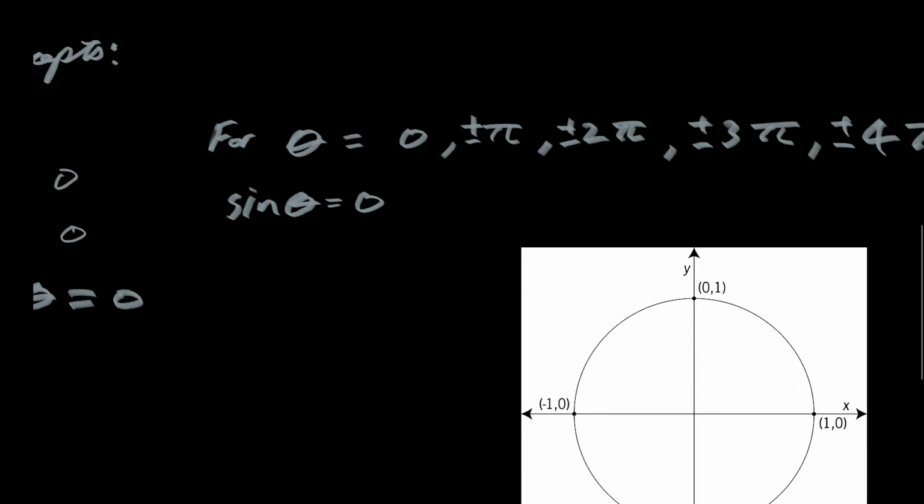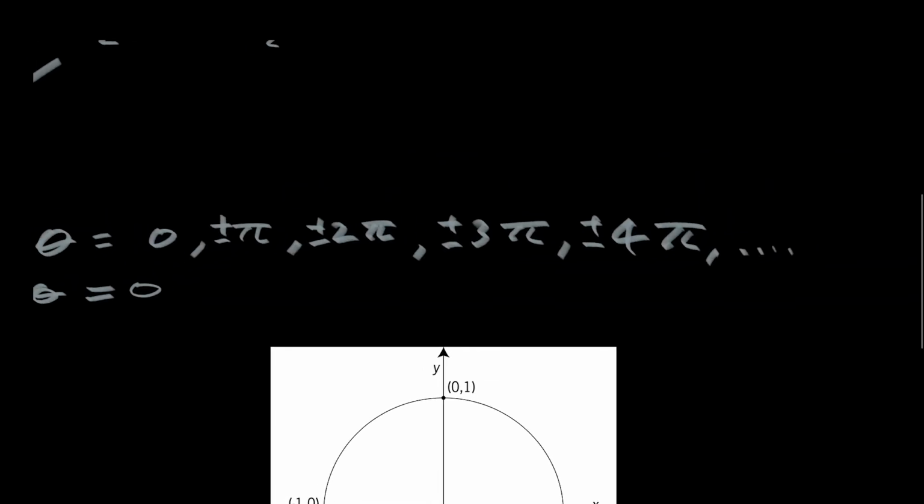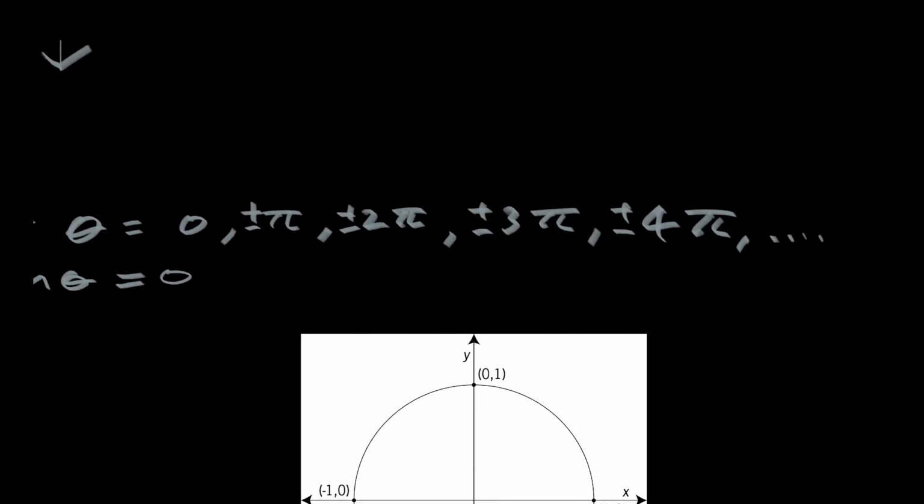To express this not as a sequence, actually I don't know why I rubbed that out. To express this a bit more compactly, what we have are these integer multiples of pi. So 0 times pi, positive or negative 1 times pi, positive or negative 2 times pi, positive or negative 3 times pi, and so on. They're just integer multiples of pi.